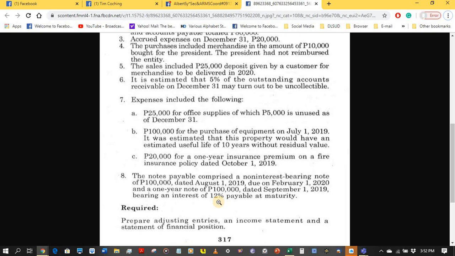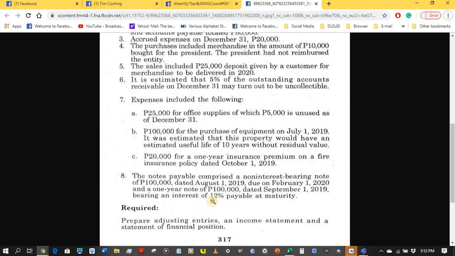So, ang gustong pagawa syempre sa atin ng number 8 is mag-accrue tayo ng interest. At syempre, nag-a-accrue ng interest kapag interest bearing, obviously. So, ang i-accrue lang nating interest is para dun sa interest bearing note na 12%.